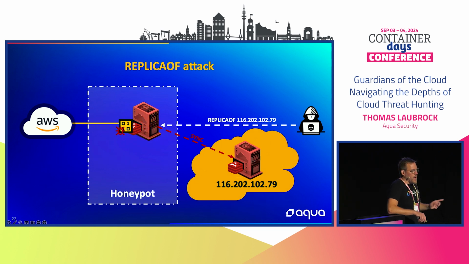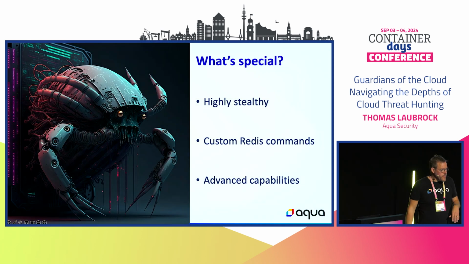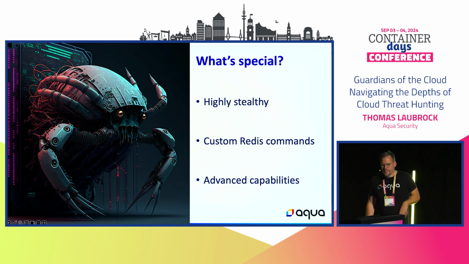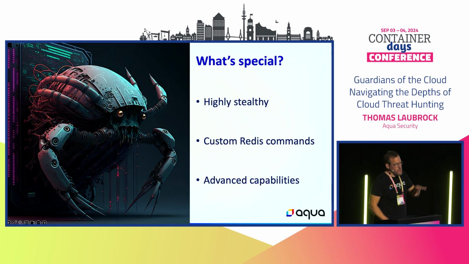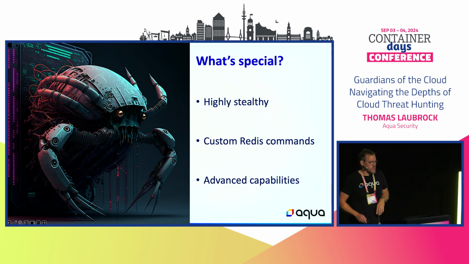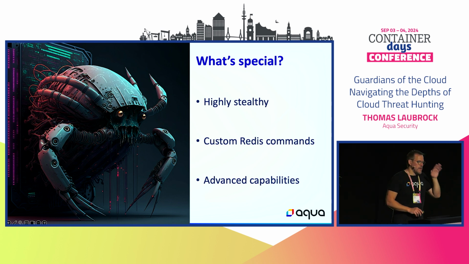So a really nice way to get malware into a server, not classic hacking via SSH or something like that. You use the Redis protocol, and with this you are able to take over a resource, right? As I said, highly stealthy.